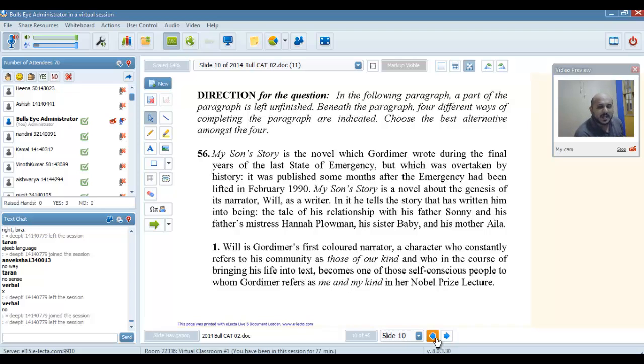After reading the paragraph, can we say Will is a strong guy who shows authority? We can't say that. All we know is Will is someone who's given out his story. So we need an answer option that continues that sentiment of his story being discussed. So which option does that? Option number 1.